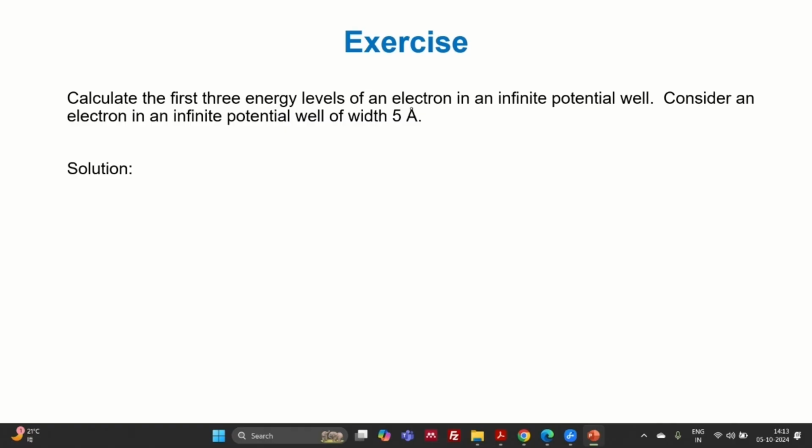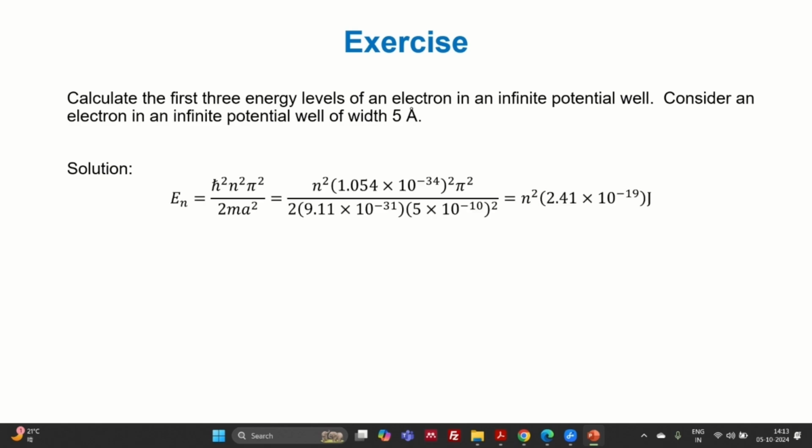If you do that, the solution is a very simple calculation, but I just want to give you some idea about the order of the energies you're calculating. A is 5 angstrom, m is this, and h bar is 1.054 times 10 to the power minus 34, which is h by 2 pi, the Planck's constant divided by 2 pi.